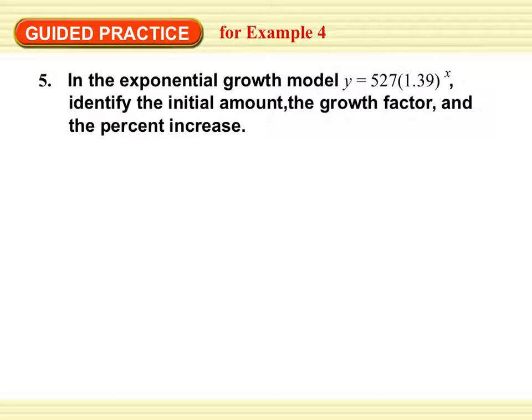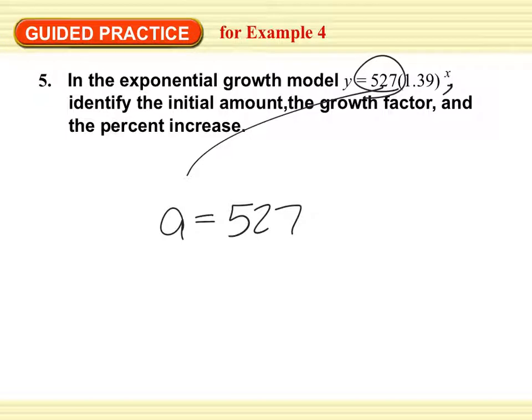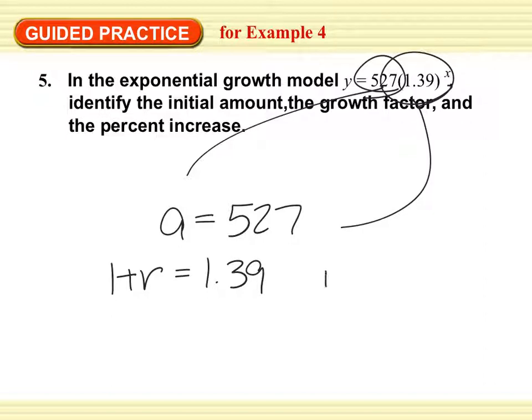All right, guided practice. In the exponential growth model given, identify the initial amount, the growth factor, and the percent increase. Okay, initial amount. Growth factor is 1 plus r equals 1.39. Oh, sorry, that is my growth factor. Scratch that.